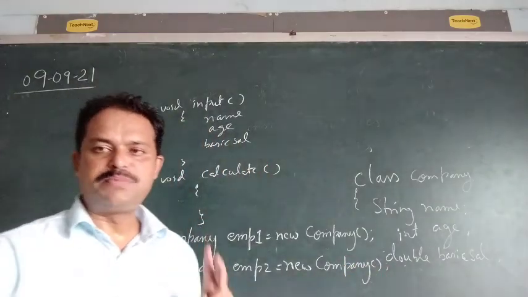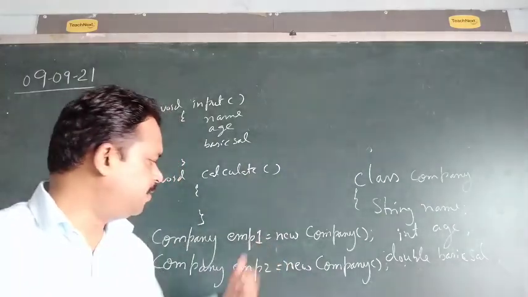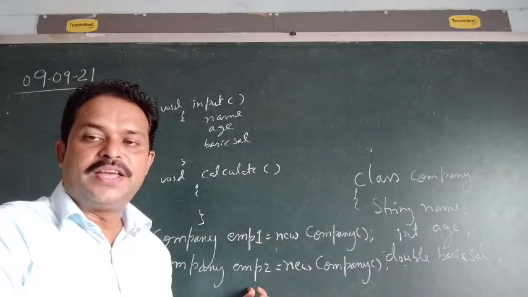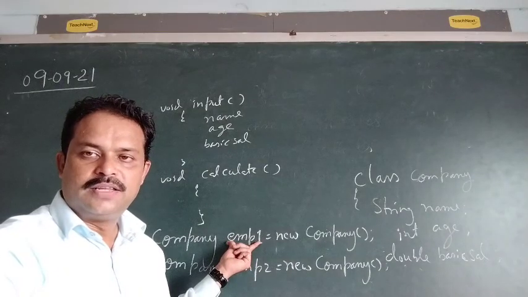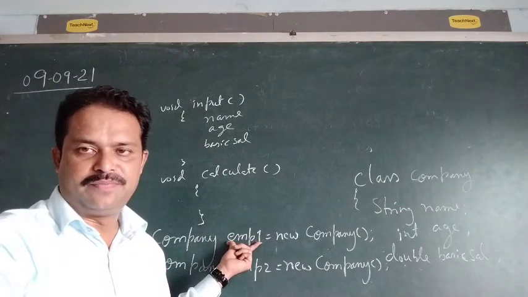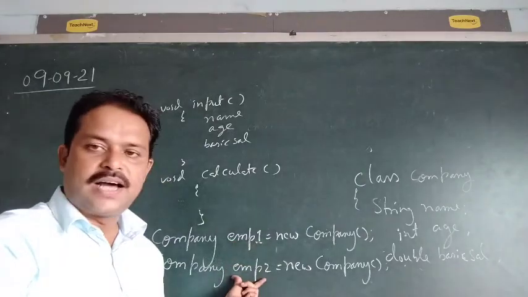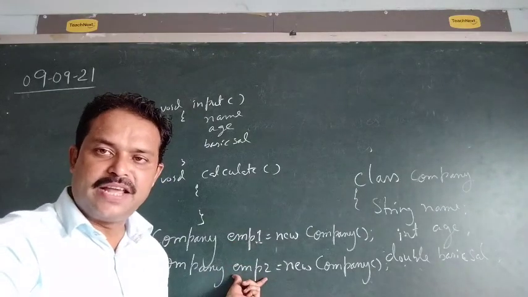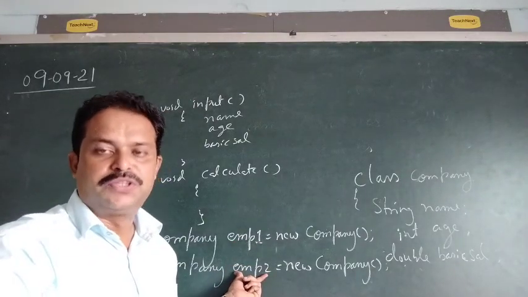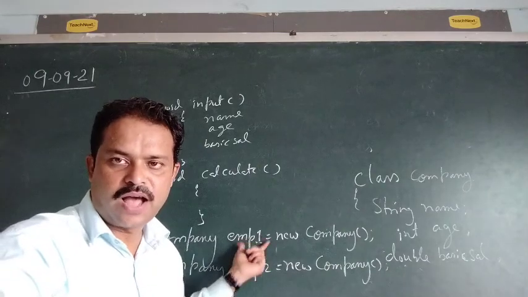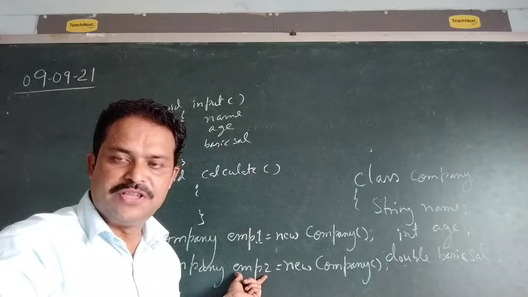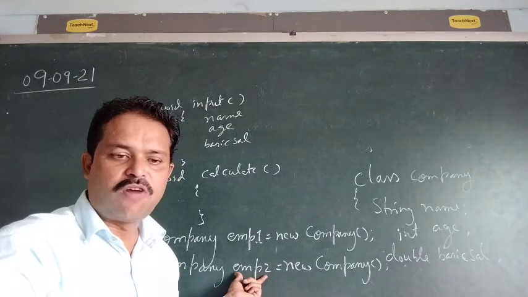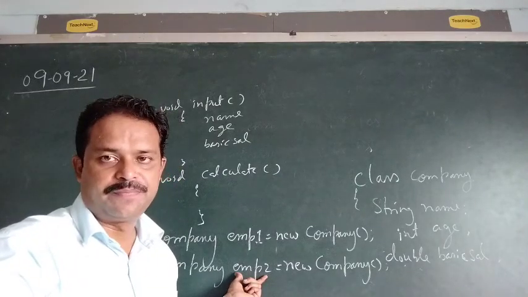I have made two objects of the same class, employee1 and employee2. So here identity: employee1 is identified by its name, employee1. This is another object identified by its name, employee2. So this is called identity. And the second and the last characteristic of an object is state.